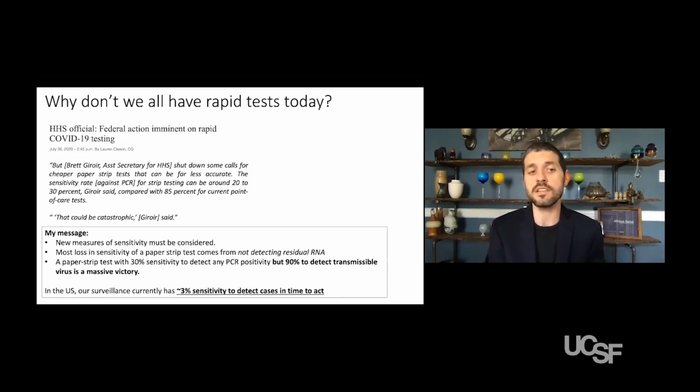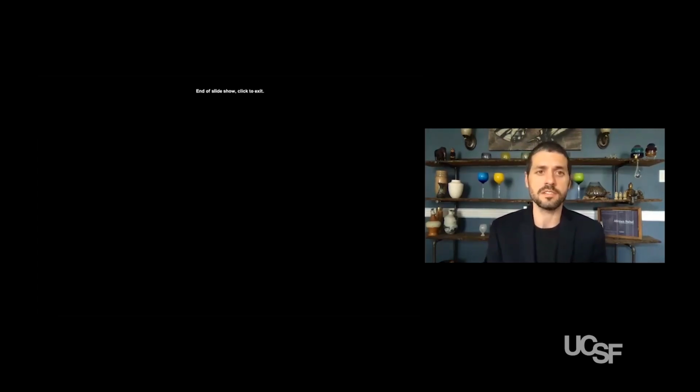And to put this all in context, my best estimate is that currently, with the surveillance networks that we have set up, we probably have around a 3% sensitivity to detect cases in the US right now in time to act on those cases. And so currently this is what we're dealing with. And I think that if we can get to 80% or 90% sensitivity to detect transmissible people and ask them to stay home, then that would be a huge gain that would most likely prevent outbreaks.